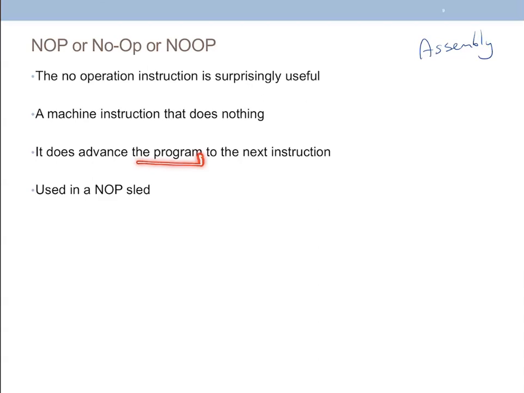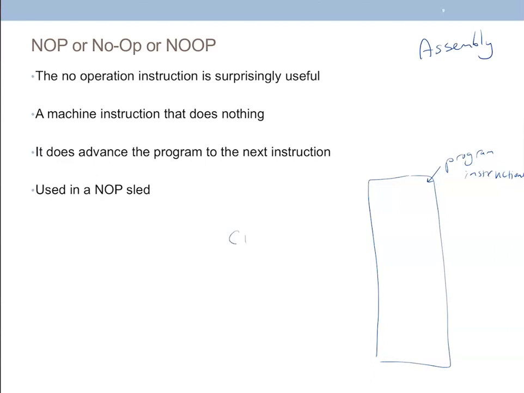I'm going to try and illustrate this on the fly, so just bear with me. If this is my program instructions, at the CPU level we have these registers, and one of them is the instruction pointer. So you've got your instruction pointer over here.